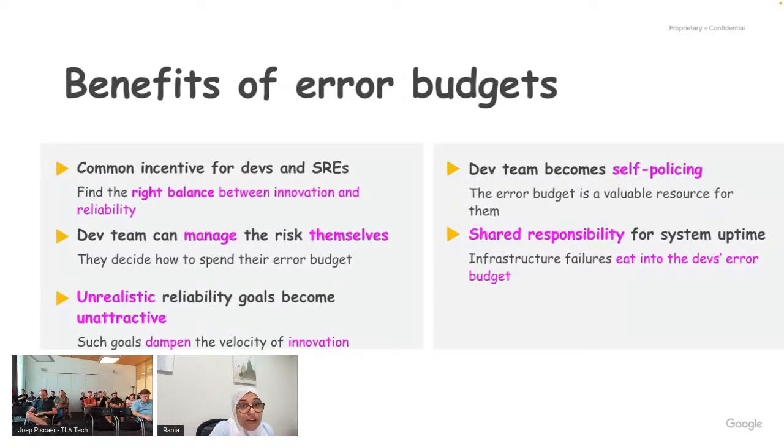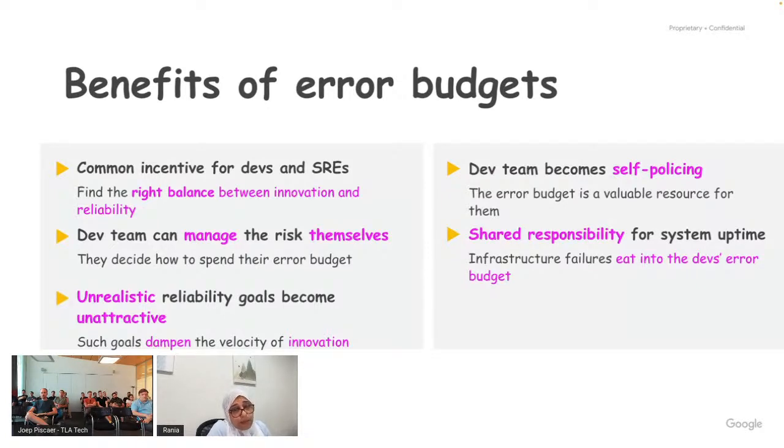And we are defining a balance between innovation and freedom, as well as reliability. Yes, you are free to innovate as a developer. You are free to do whatever you want. Yes, but as long as your work is balanced with the reliability aspects and targets.